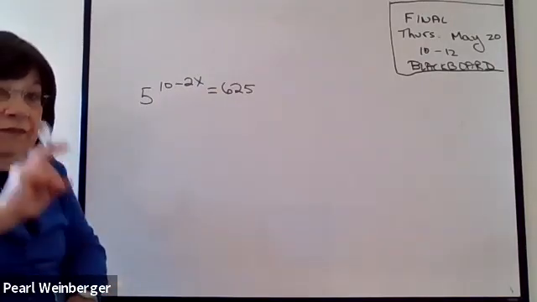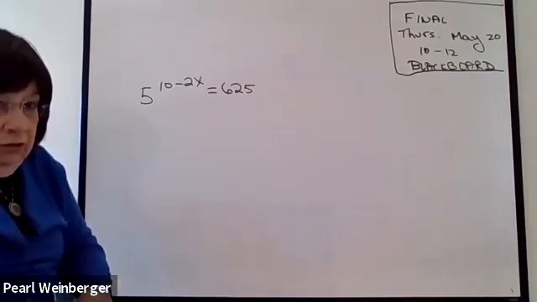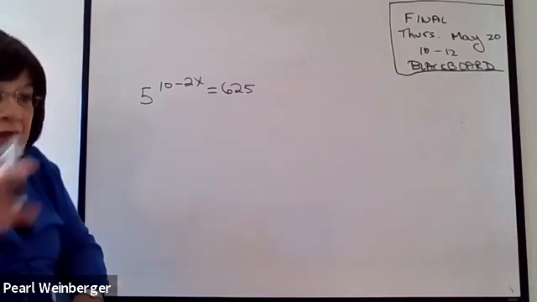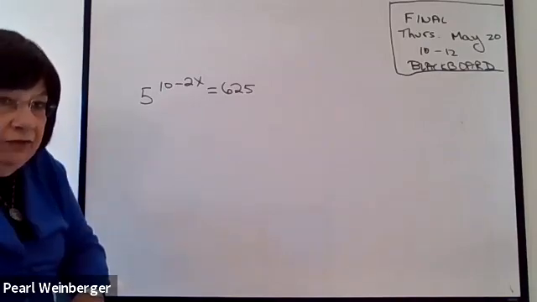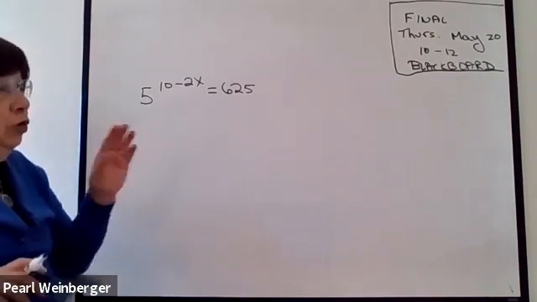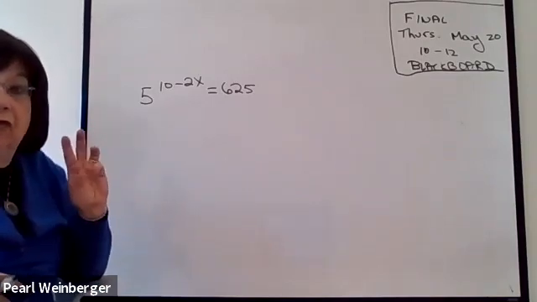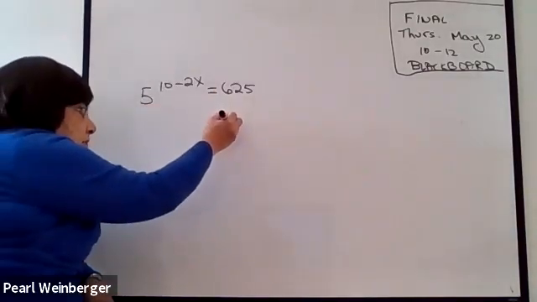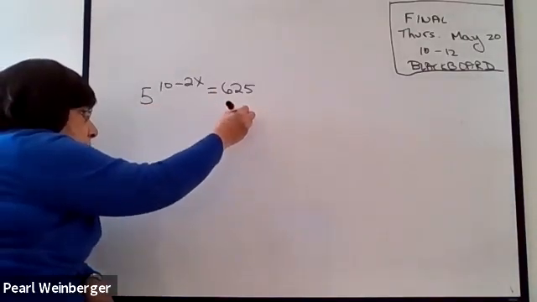Count it. 5 times 5, 25. 25 times 5, 125. 125 times 5 is 625. You have multiplied 4 5s. So this is the same as saying 5 to the 4th power.